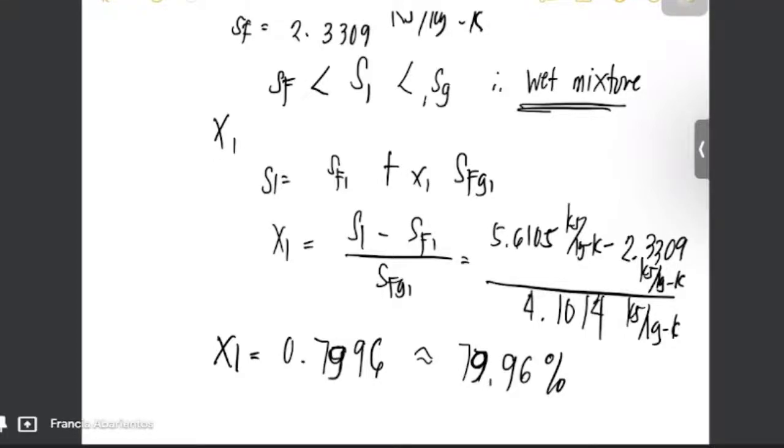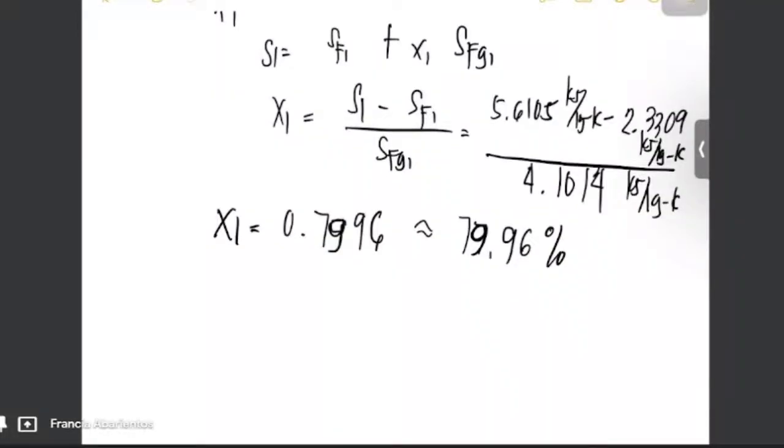Ayan, very good, class. Okay, so that is 79.96. We have now the quality at 0.1, but in the given problem, we need to solve for the other properties. Am I right?